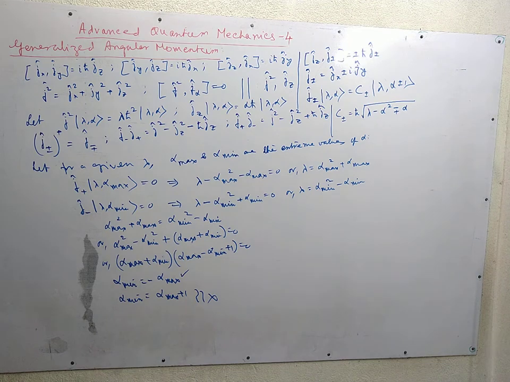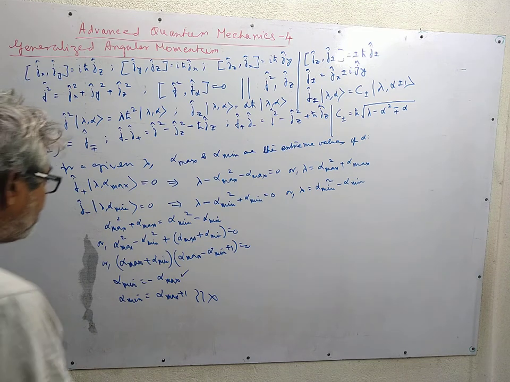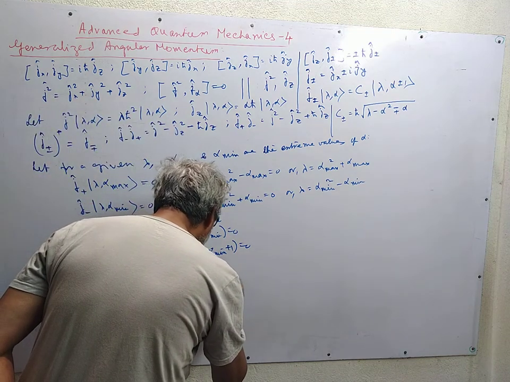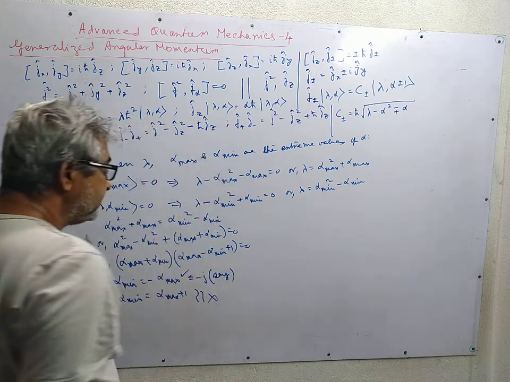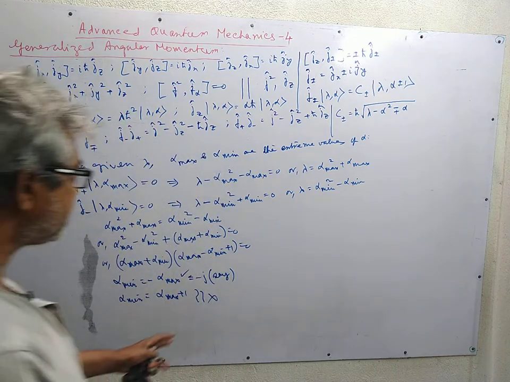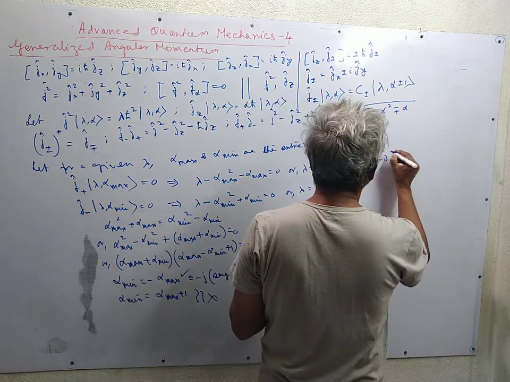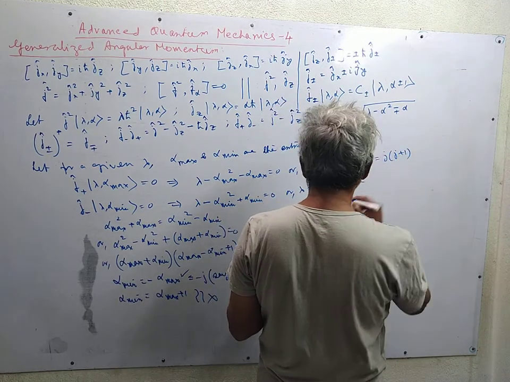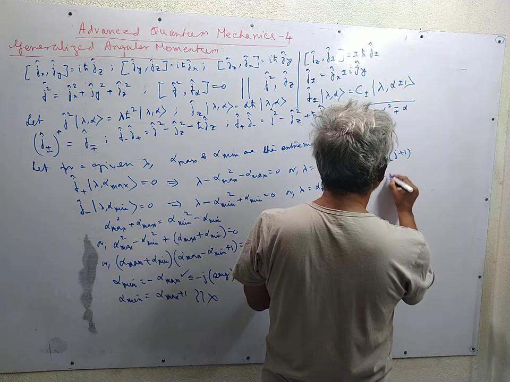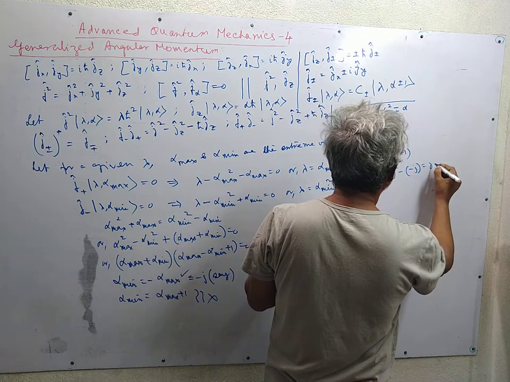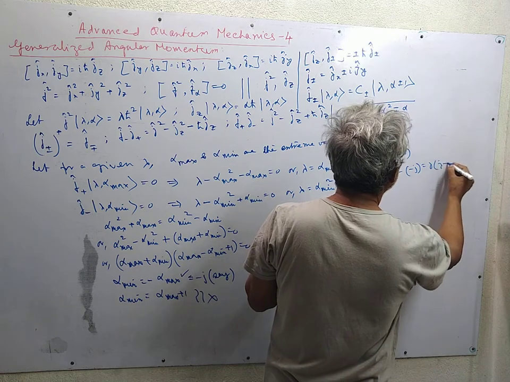If we call this value minus j, then from this relation we get the lambda value is equal to j into j plus 1, and the other value is minus j, again with lambda equal to j into j plus 1.